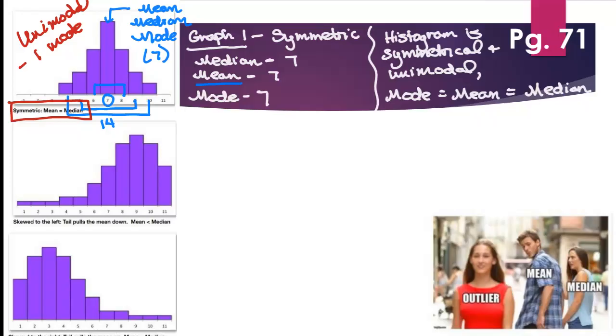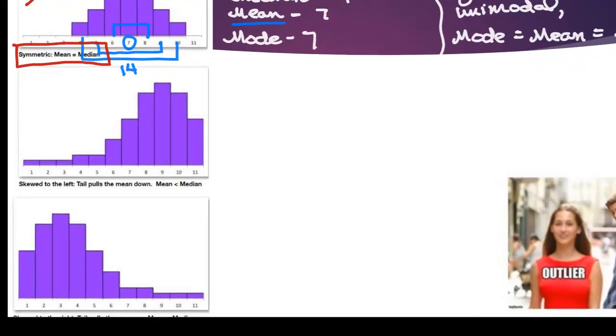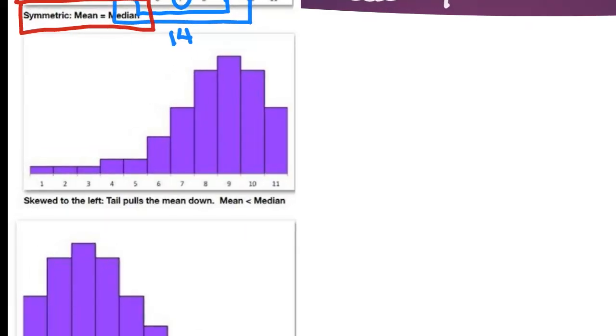Okay. So let's take a look now at graph number 2. And let's take a look at the small words here. That's important. It says this is skewed to the left. Skewed to the left. The tail, and this is the tail right here. What animal or mammal do you know of that has kind of a flat, long tail? Flat is the key word.